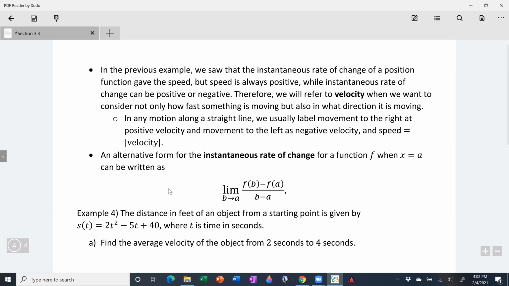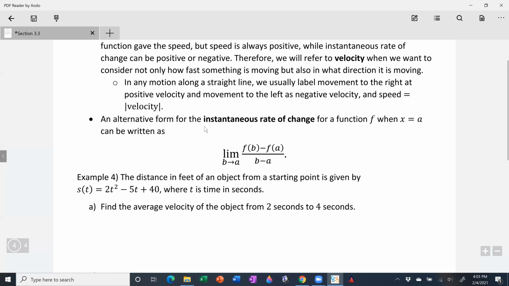An alternative form for the instantaneous rate of change for a function f when x equals a can be written like this. Okay, so for this one, we're picking a, and we want to find the instantaneous rate of change at a specific a value. But then any other b value, and you don't actually pick a b number, this b is like the h where you leave it as a b.